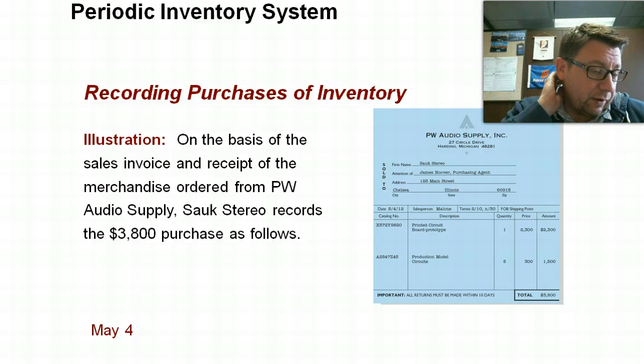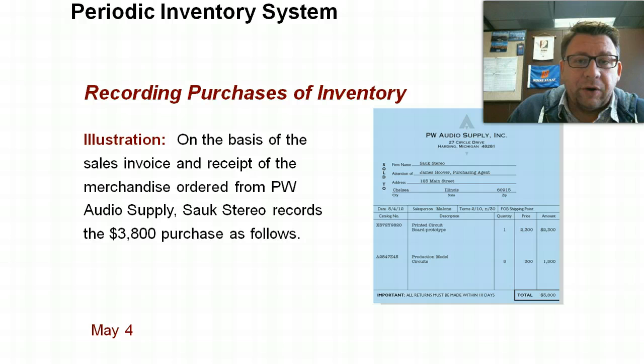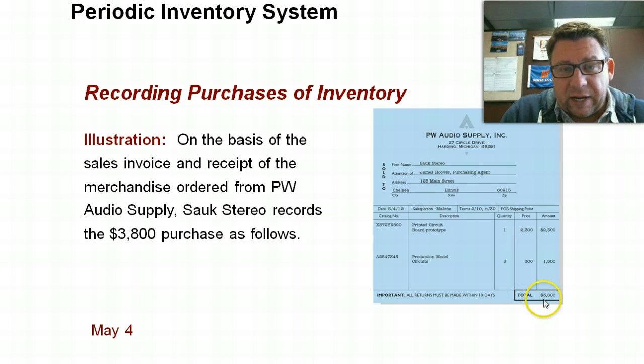So these are the exact same transactions that we saw earlier, and we're going to do them this time as a periodic inventory. We're the buyer, so we're the stereo company. We purchased $3,800 worth of goods. The terms are still 2/10 net 30, and it's still FOB shipping point, so we have to pay for shipping.